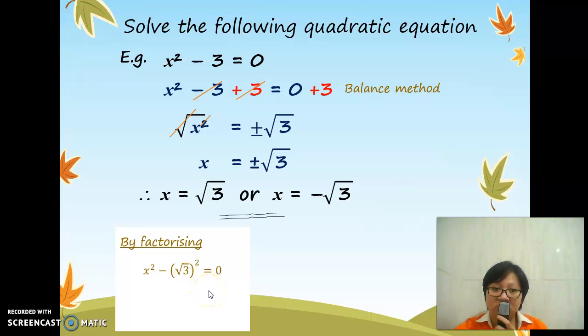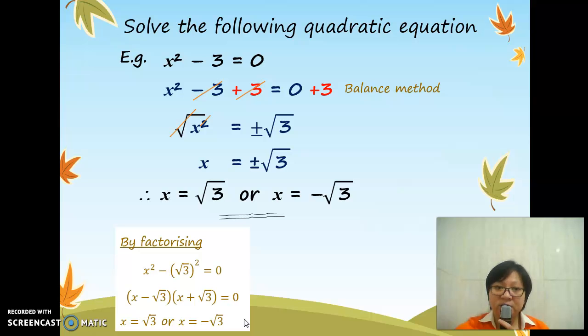We can make it into difference of two squares like this, and then x minus square root of 3 times x plus square root of 3 equals 0. And then solution using zero factor property, x equals square root of 3, or x is equal to negative square root of 3. This is how we solve the quadratic equation non-standard form, can use this method, balance method, or using difference of two squares.